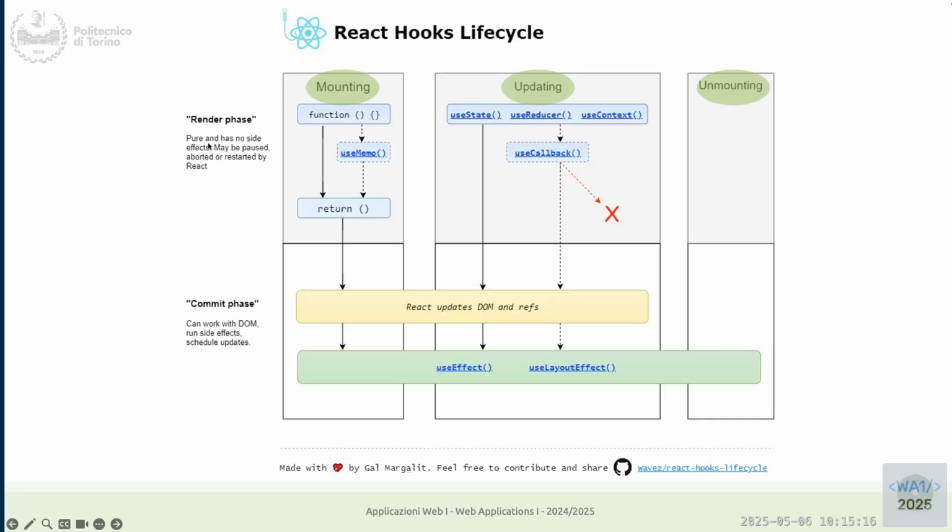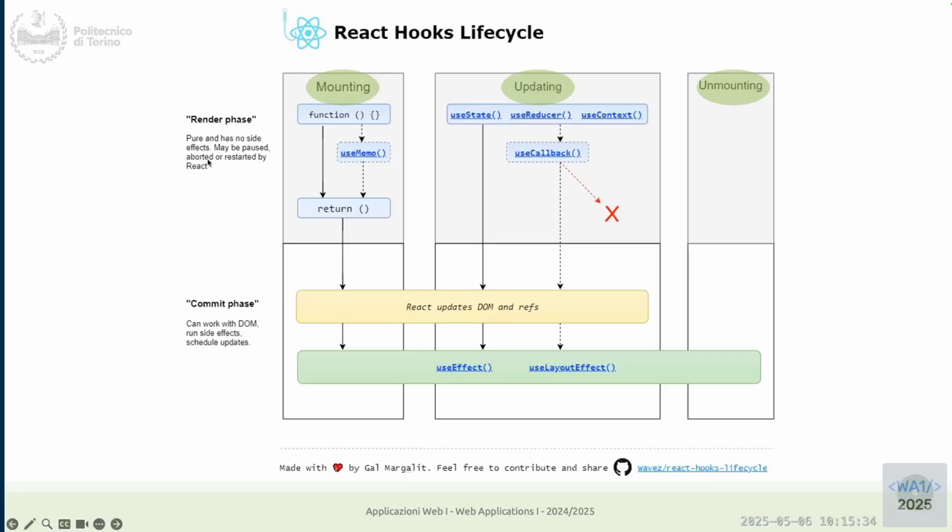The render phase, as I read in the sentence, is where the function behaves as a pure function. So during the render phase, nothing changes. No side effects happen. No data is changed. Only maybe local variables are used, but they will be destroyed.